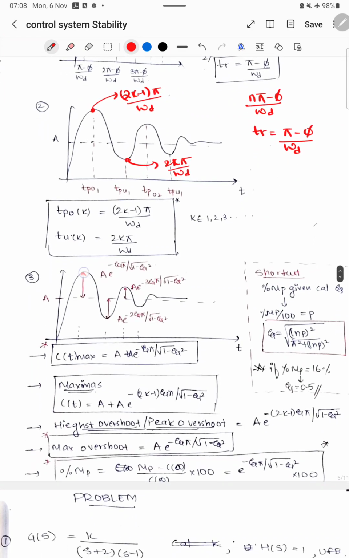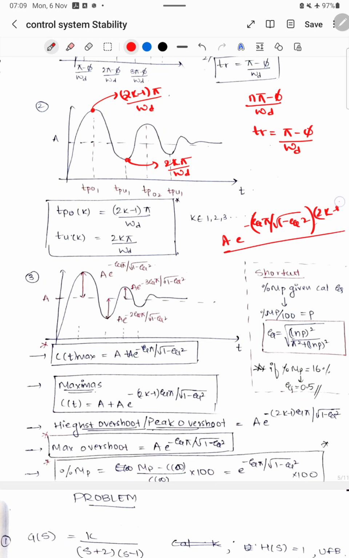Okay, and the maximum value of overshoot from the steady state value is nothing but A e power minus 2k minus 1 zeta pi upon root of 1 minus zeta square. Okay, let me again say, it's nothing but A into e power minus zeta pi upon root of 1 minus zeta square, but here you need to add the value 2k minus 1.